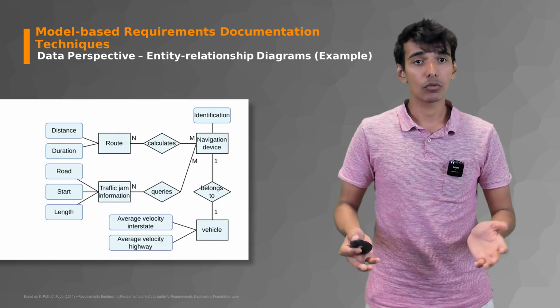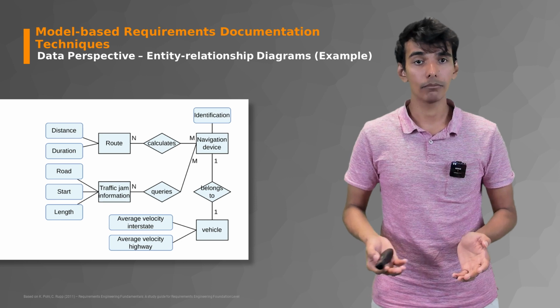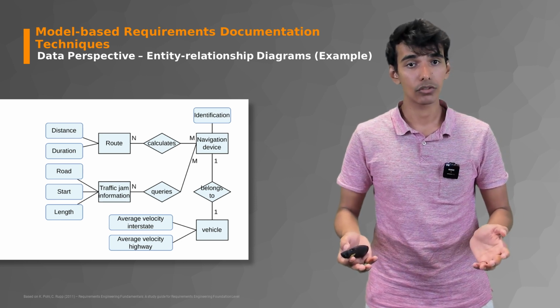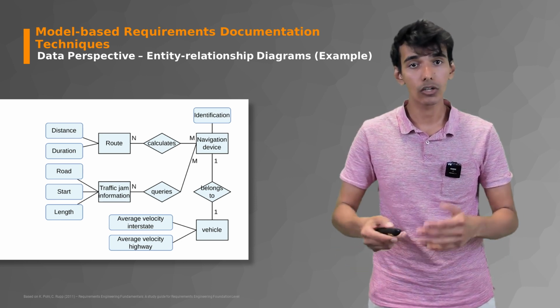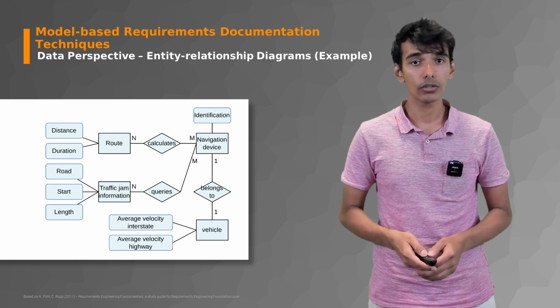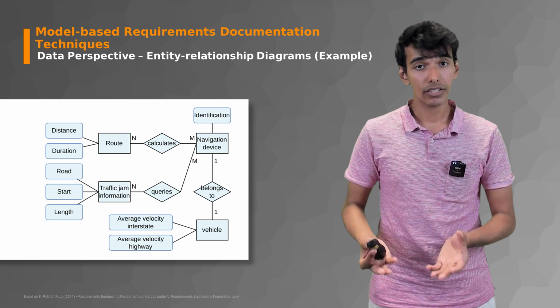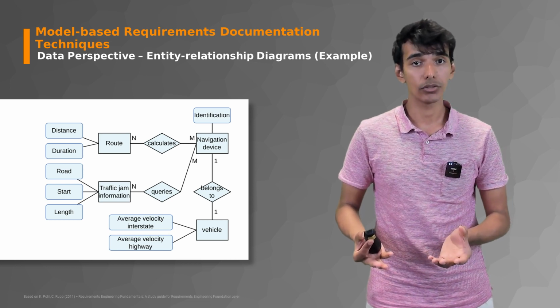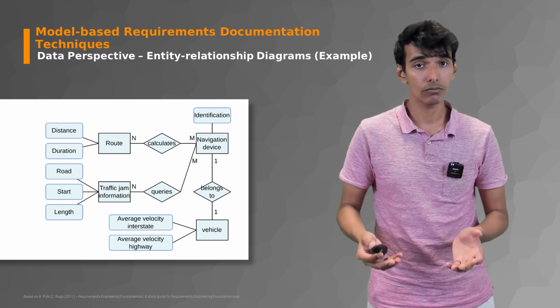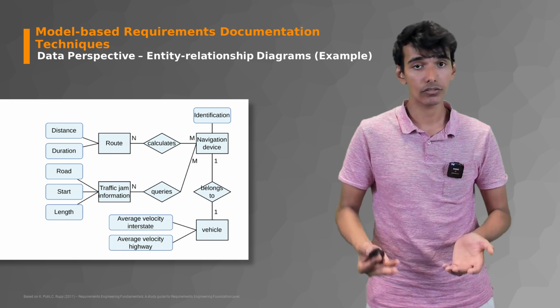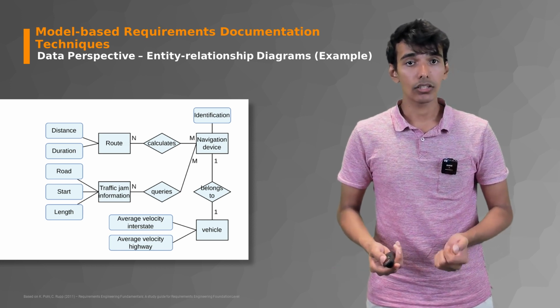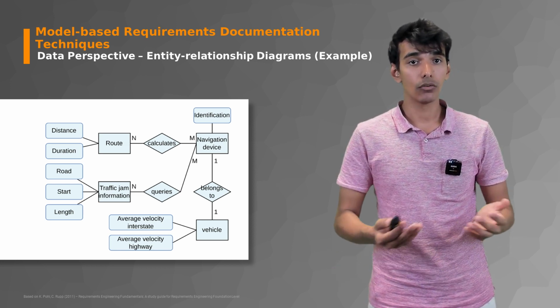But we still have a small example. So we already had this example for the navigation system. Following the same scenario, on the top right, we have the navigation device, which has an attribute called identification. So the identification of the navigation device. And on the left, it calculates a route.